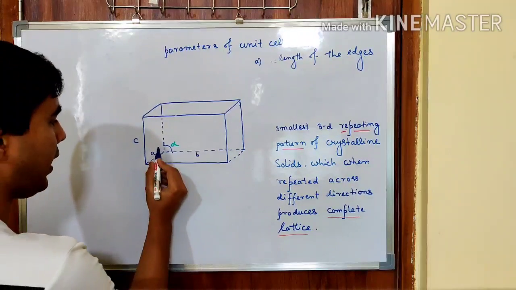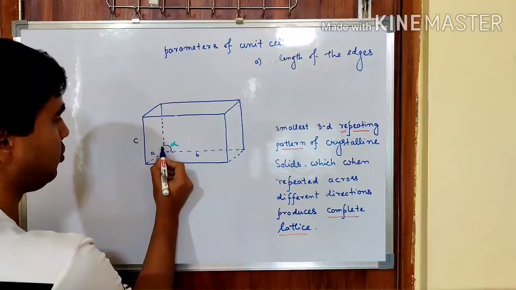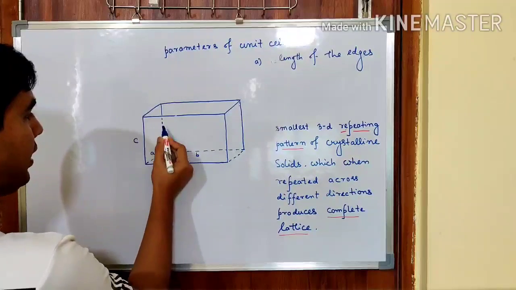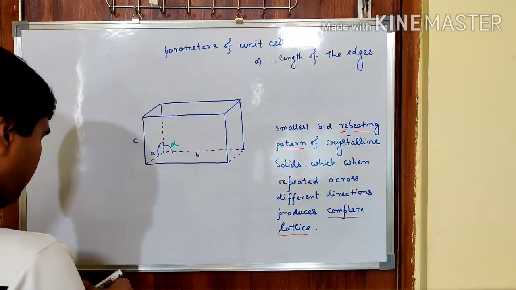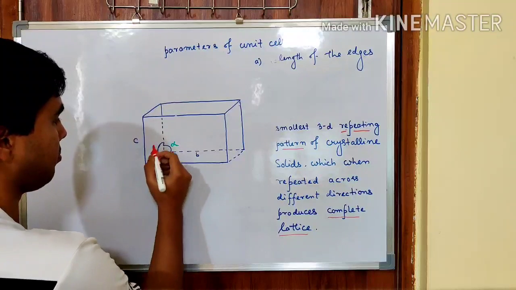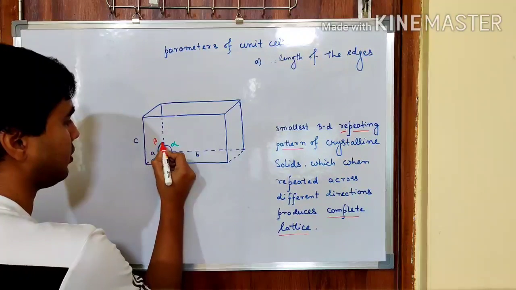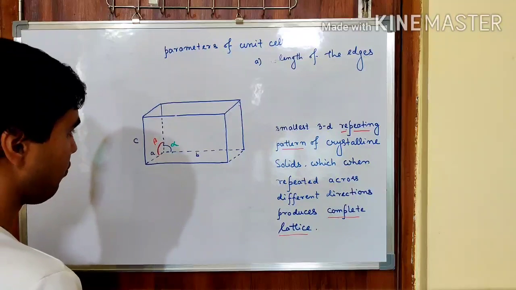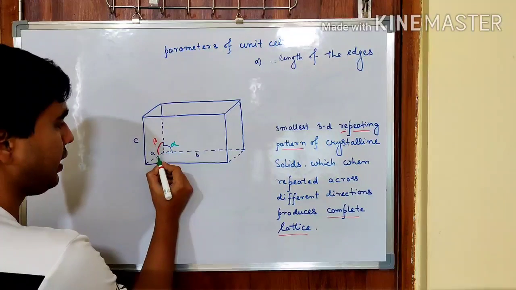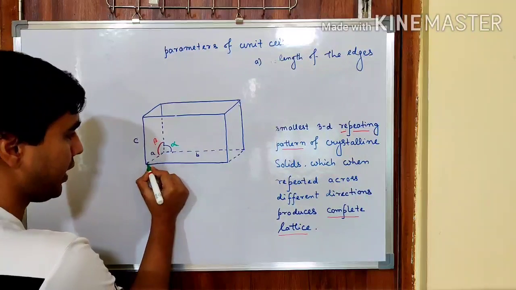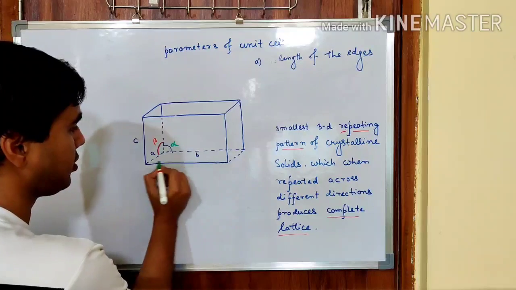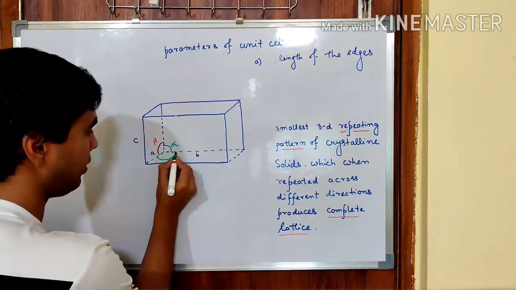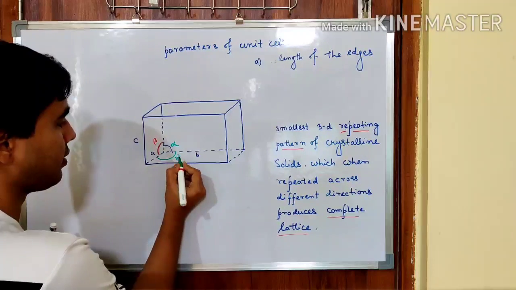Now, the angle between these two, this one, is the angle between A and C. We can call it beta. So this angle is beta. And finally, if we take the angle between A and B, this one is B, this one is A, we can call this angle gamma.